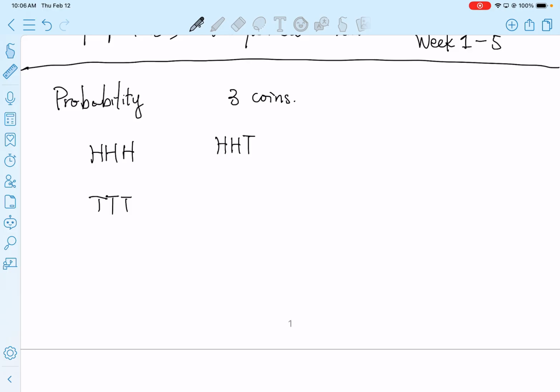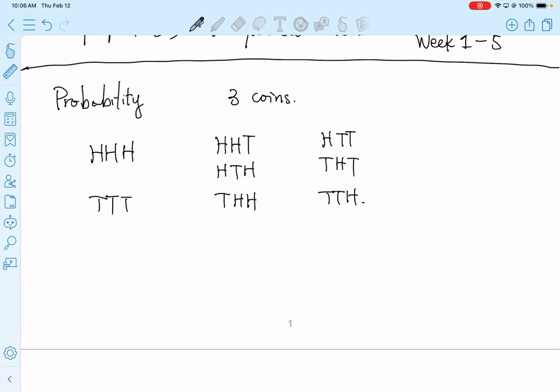So we have 2 heads and 1 tail in this order, and then 2 heads and 1 tail in this order. And we also have the case of 1 head and 2 tails in this order, and then 2 tails and 1 head, and also 2 tails and 1 head. Okay, so by flipping 3 coins, we identify that there are 8 outcomes in the context of coin flipping.